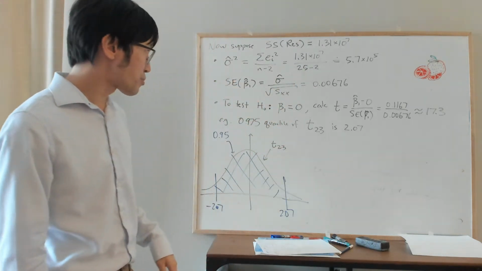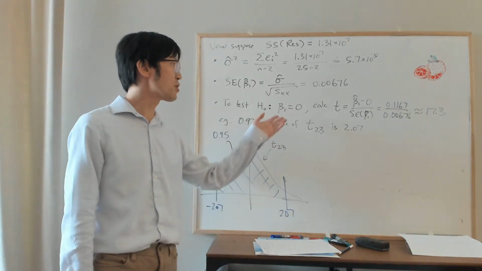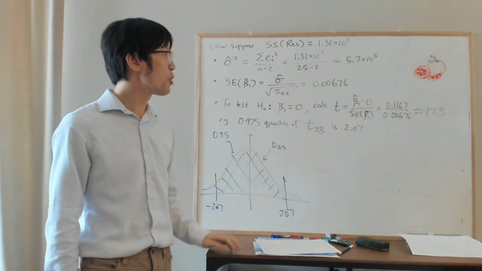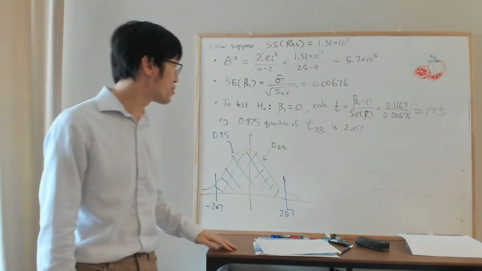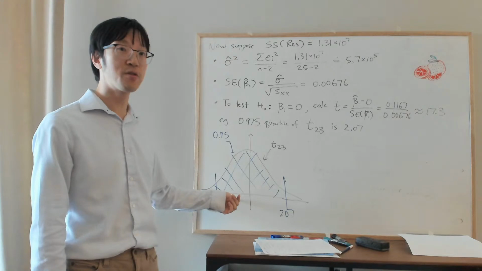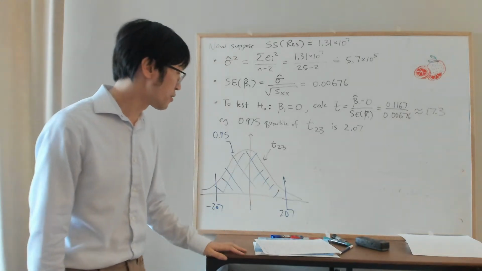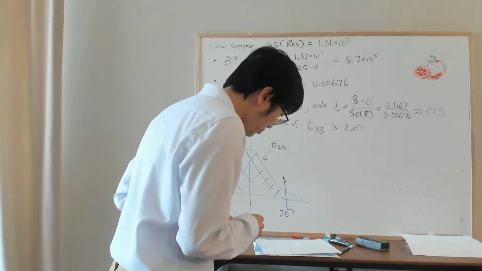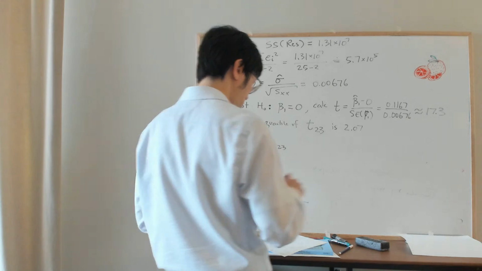And so that's exactly the idea behind the hypothesis test. We say that a value of 17.3 is very unlikely to have been drawn from this distribution, and so that's the logic behind rejecting the null hypothesis. Okay, so let's add that note here.